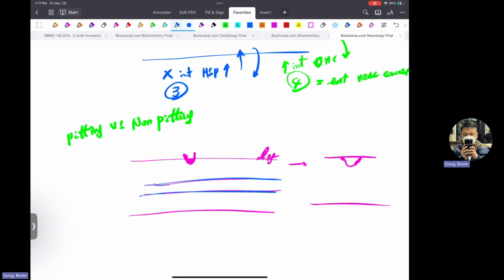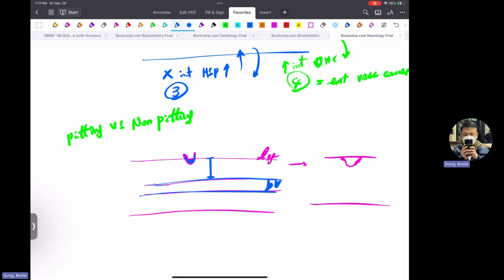Okay, so the vein is here. What I mean by blood vessel in this case is only the vein, right? The blood vessel is far away. And if we press it, you will not have any impact on the blood vessel. Instead, you are just pressing outside the blood vessel, right?